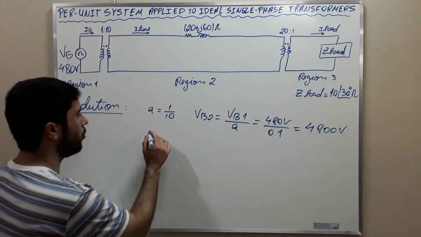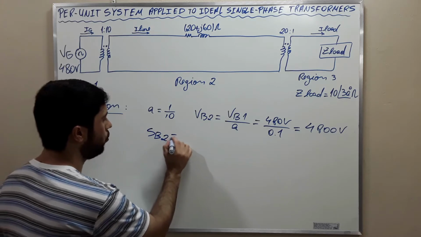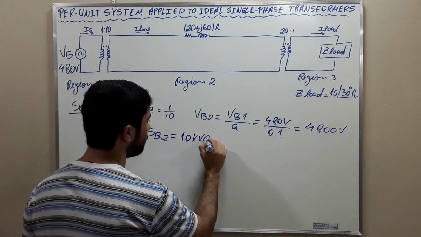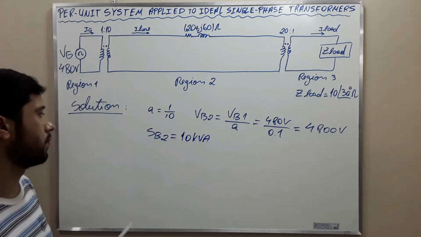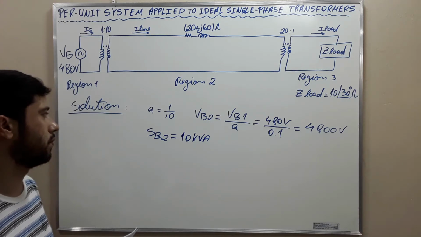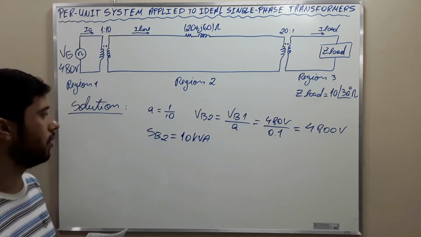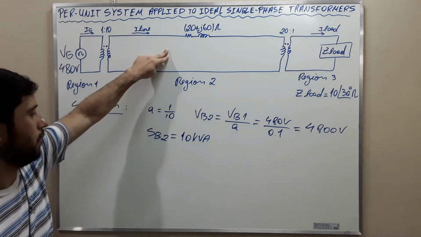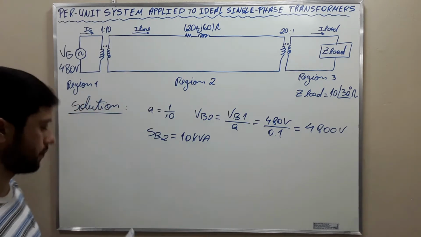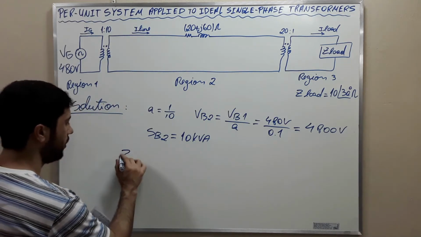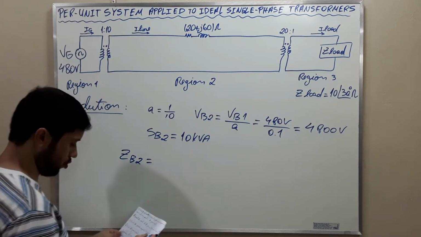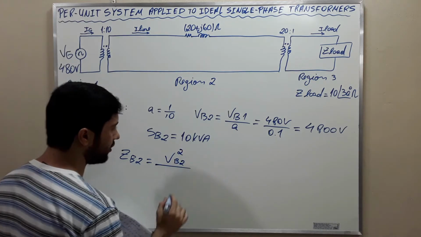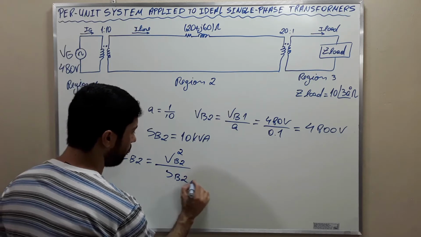Again, we are going to use SB2 as 10 kVA. Subsequently, we have to find for region 2 the base value for the impedance, and it's going to be ZB2 equal to VB2 squared divided by SB2.